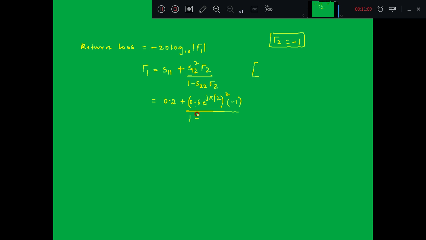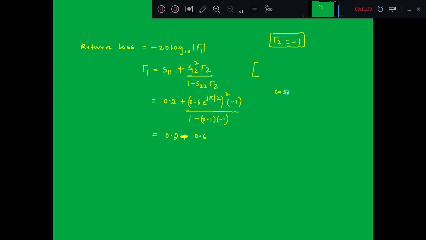What is the last element? Second row, second column, the fourth element, is how much? The value of S22 is 0.1, into tau 2, which is -1. Therefore, 0.2 plus, and here this -1 is there, so I will make it minus, 0.6 times e raised to j pi by 2. What is e raised to j pi by 2?